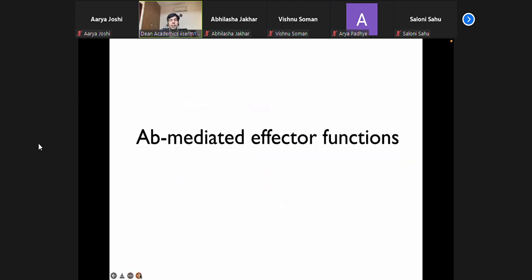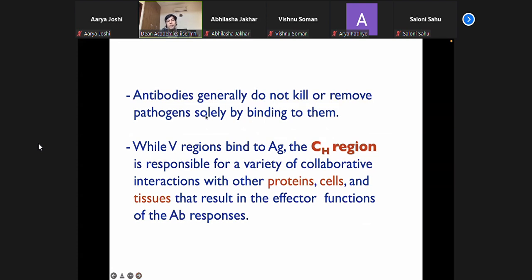The next thing is we are going to talk about effector function associated with antibody. We know that antibodies generally do not actually kill or remove a pathogen solely by binding to it.